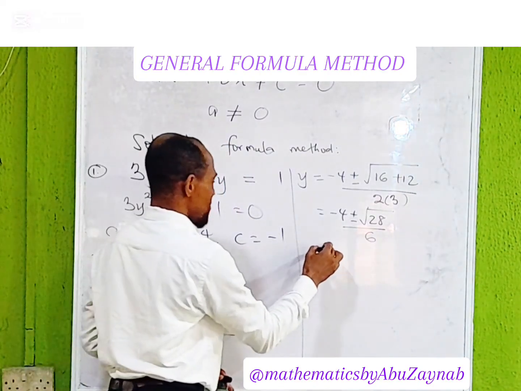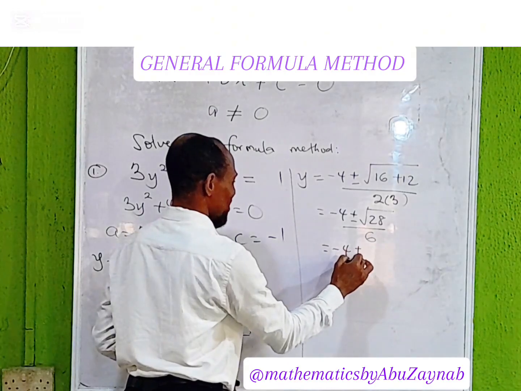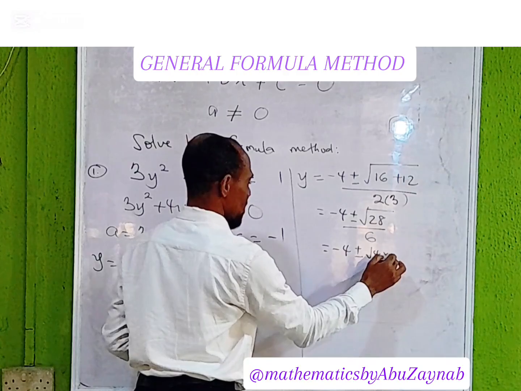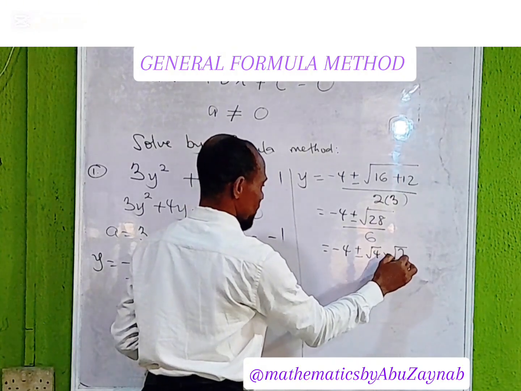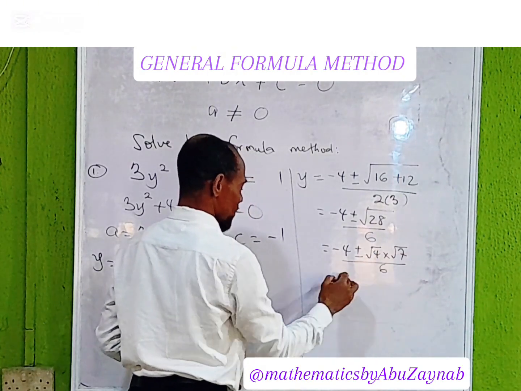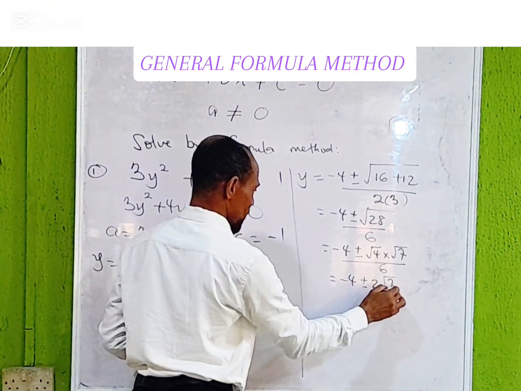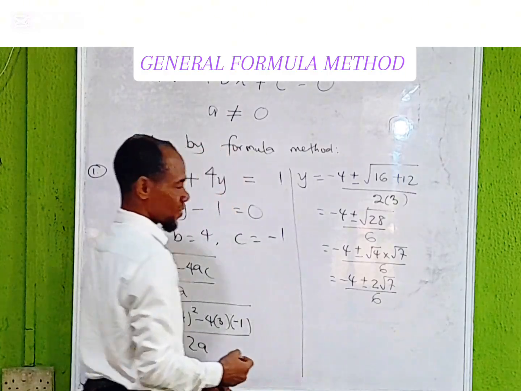And of course, remember from one of our lessons, root 28 actually is root 4 times root 7. That gives us minus 4 plus or minus 2 root 7 over 6.